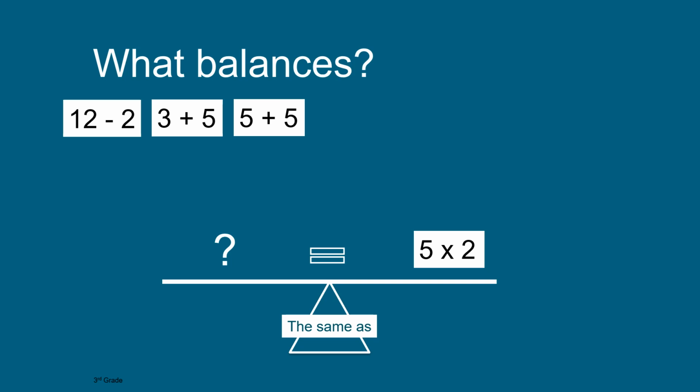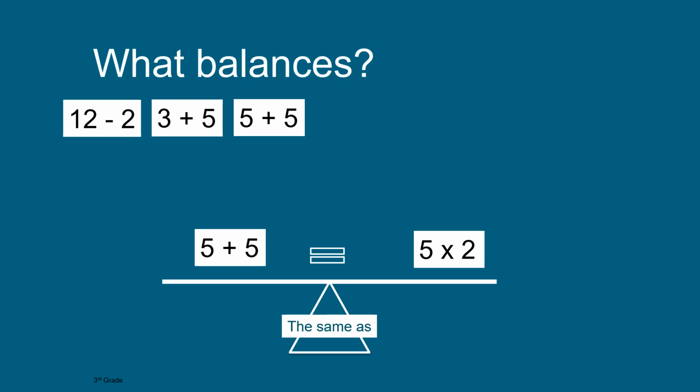Which of these choices is the same as or equal to 5 times 2? Did you pick 5 plus 5? Good for you. 5 plus 5 is the same and would balance with 5 times 2 because 5 plus 5 equals 10 and 5 times 2 equals 10. They are balanced because both sides equal 10.